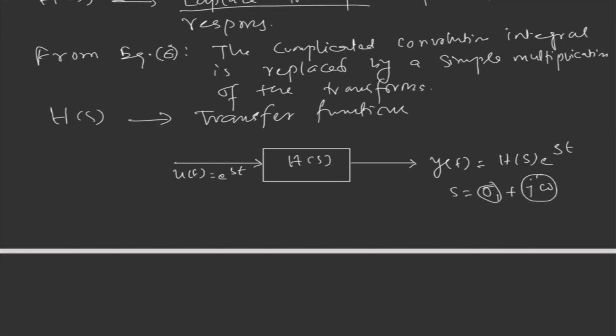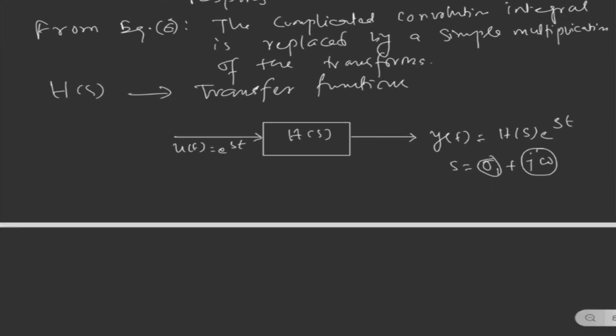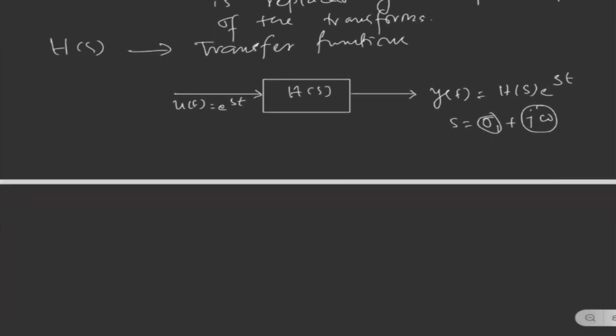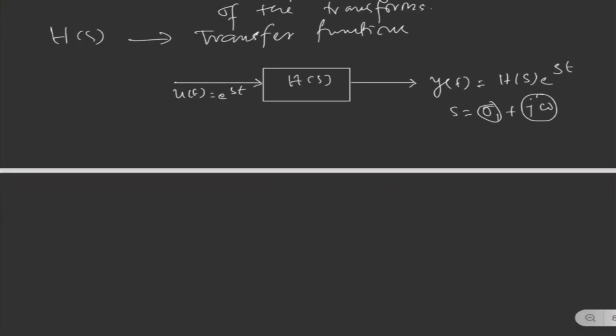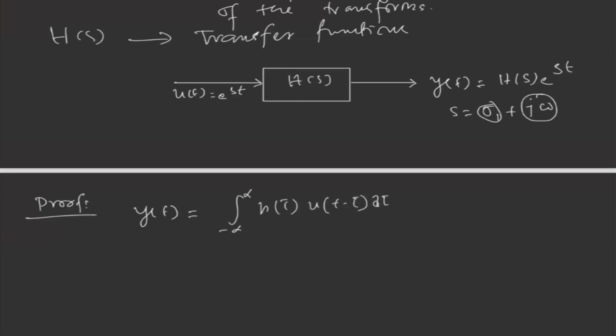Now we'll prove how we get this expression through the convolution integral. Here y(t) is the integral from minus infinity to infinity of h(tau) u(t minus tau) d tau.